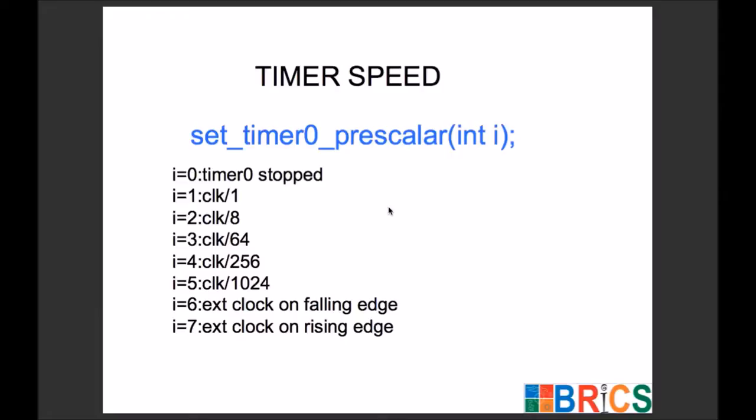Now one most important thing about the timer is the prescaler. Using the prescaler we decide the speed of incrementation for the TCNT0 register, so we need to set the value of the prescaler. If the value of the prescaler is 0, the timer will not run, but if it is equal to 1, the timer will run at a speed exactly equal to the speed of your microcontroller.